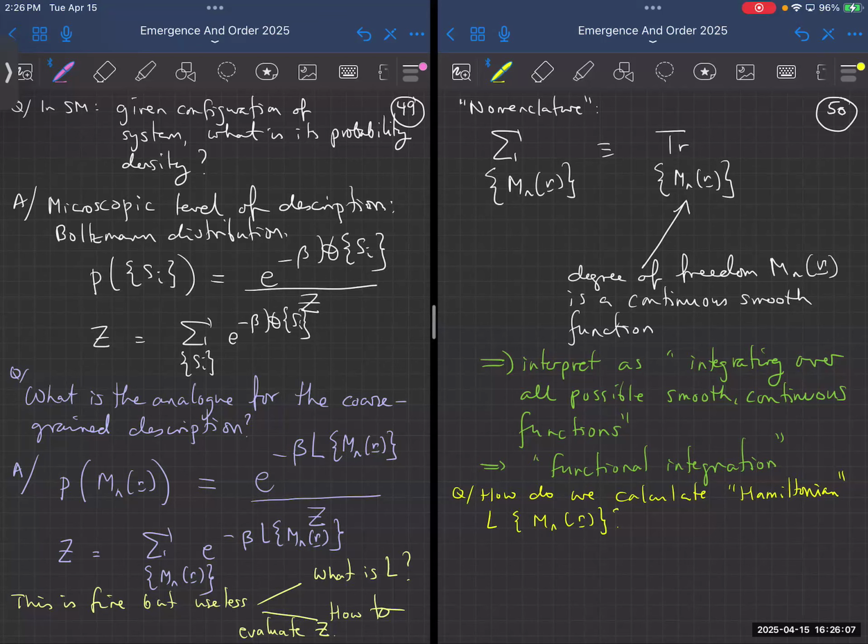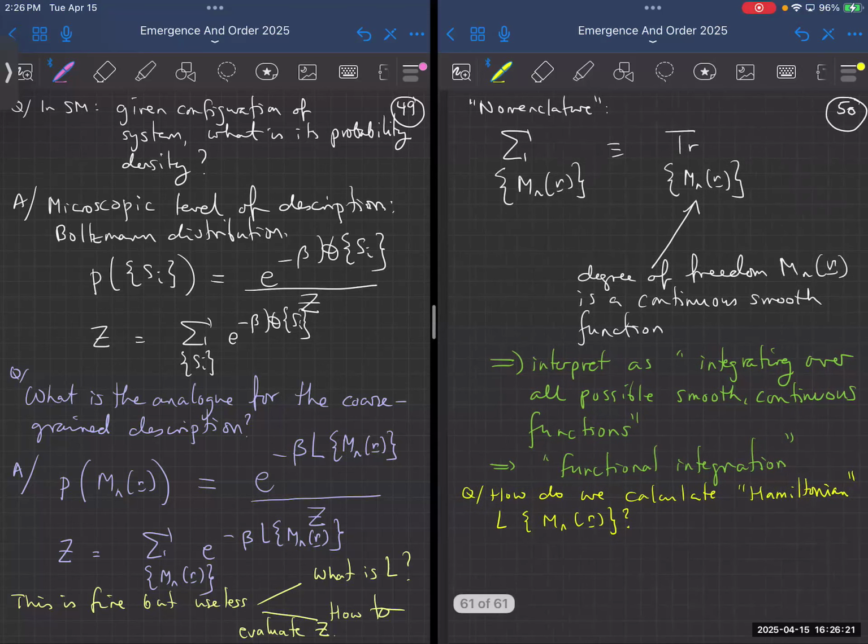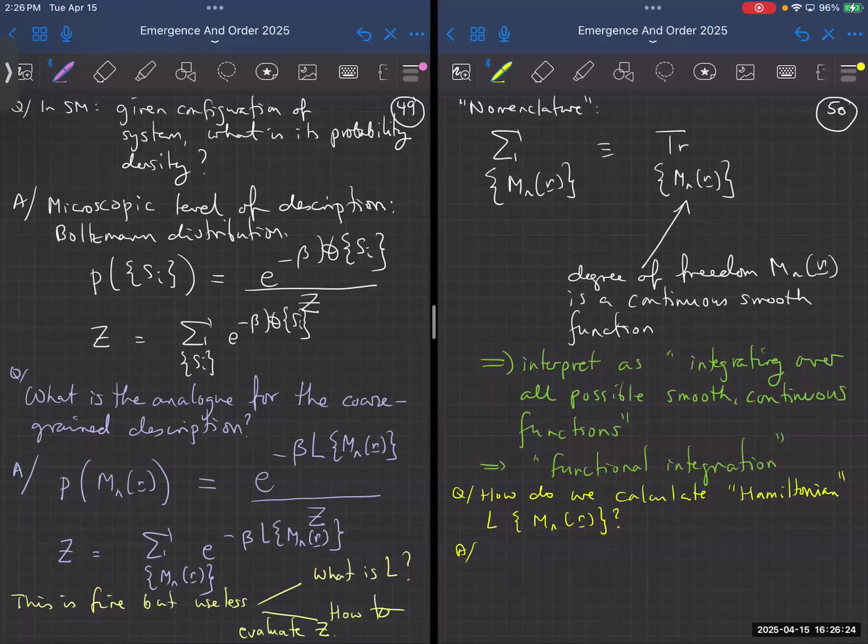It wouldn't be very useful to know how to calculate it if we don't know what the function is. So the answer is we don't calculate it. It's virtually impossible to calculate, so we're not even going to do that.